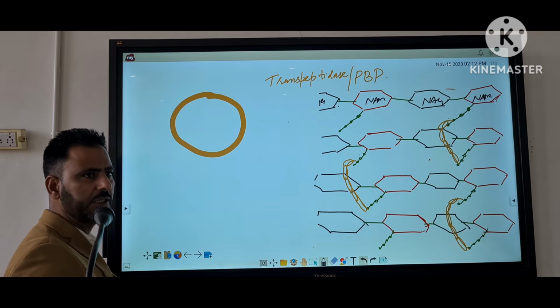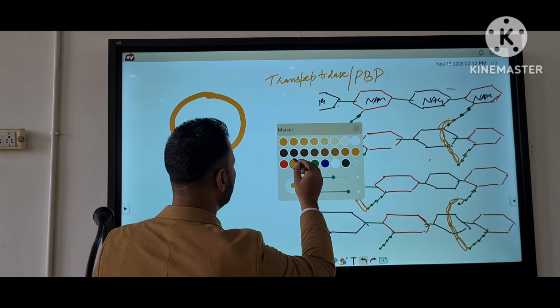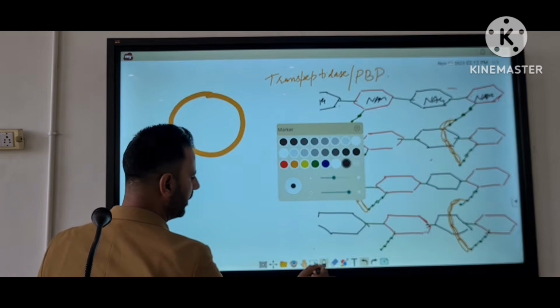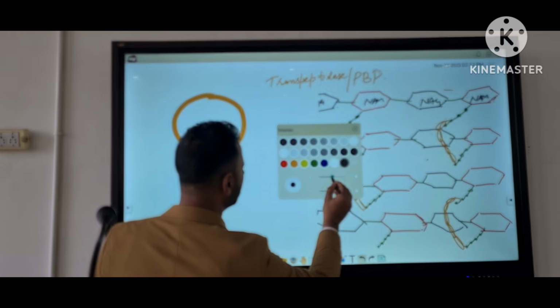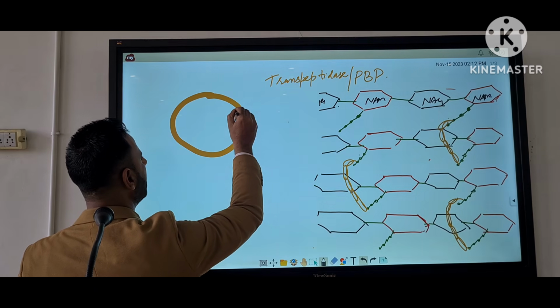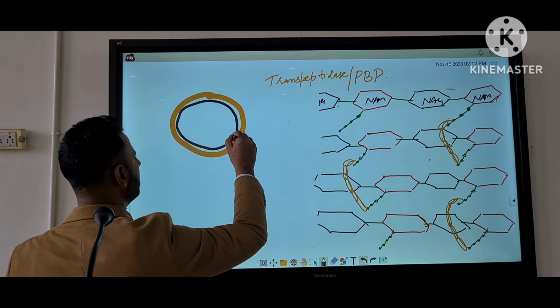This is peptidoglycan. It is a thicker layer of peptidoglycan. And below this peptidoglycan, what will you find? You will find, as usual, what we call a cell membrane. For example, here we have a cell membrane in the gram-positive bacteria.